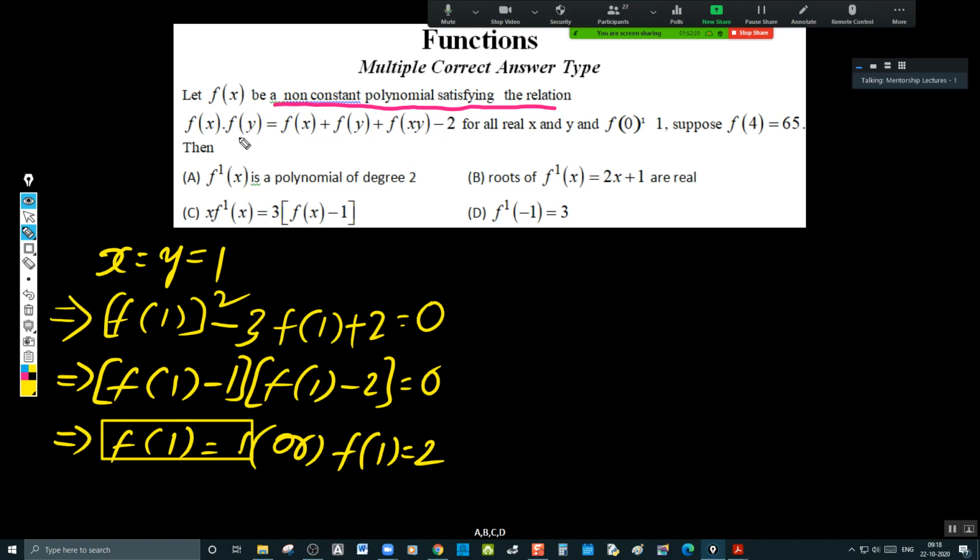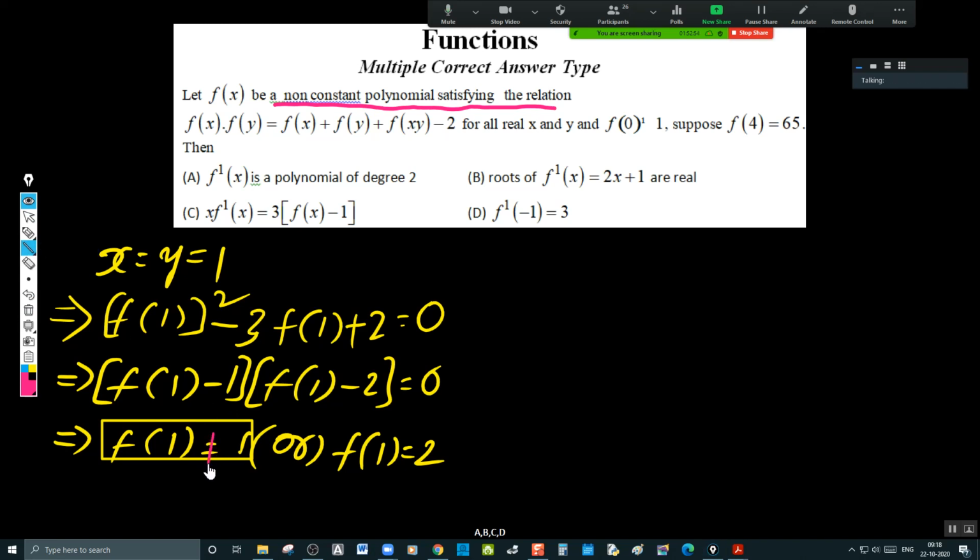I repeat what I'm saying. f(1) will not be 1, because if you write that, in the question it is given that it is a non-constant polynomial, it will not become a non-constant polynomial. That's the reason why it is not equal to 1.